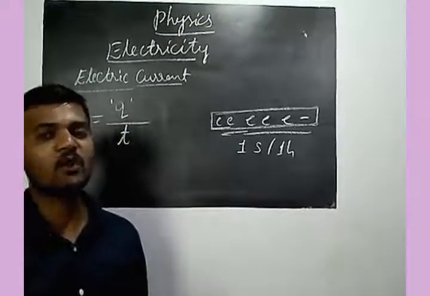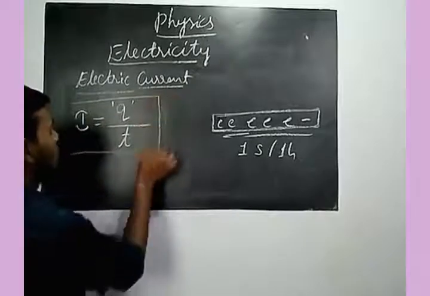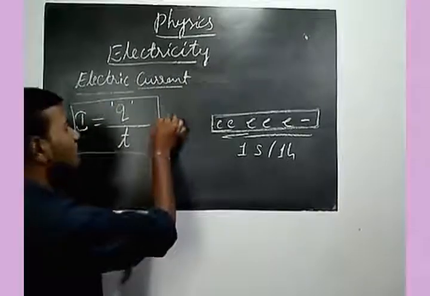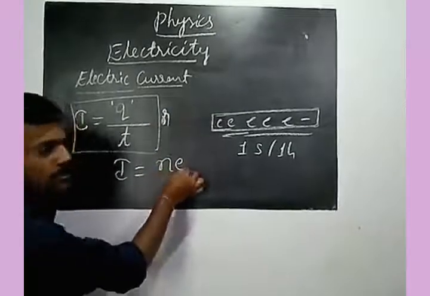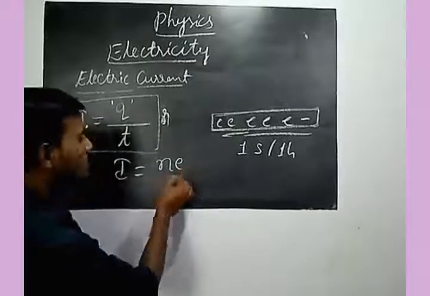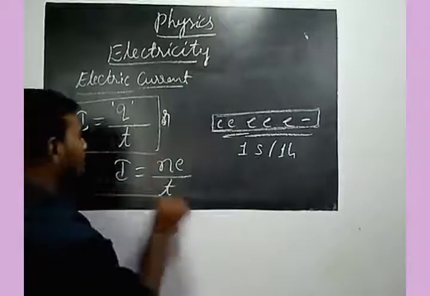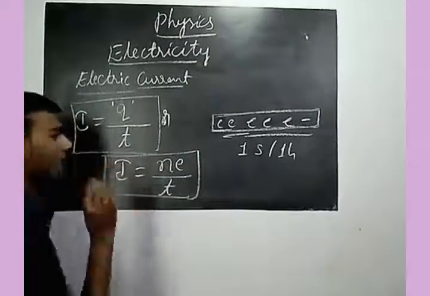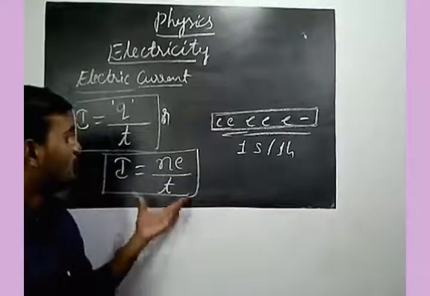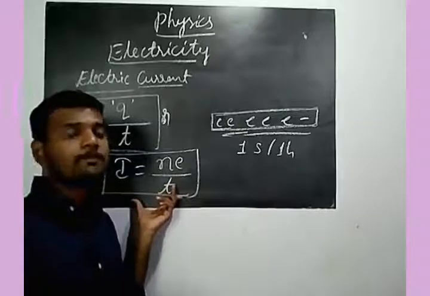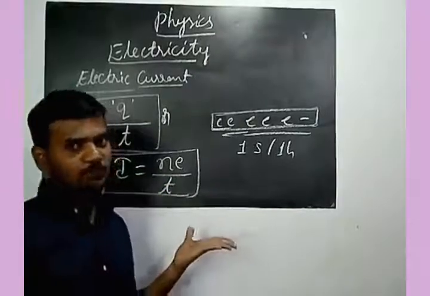The number of charges flowing in a conductor in a unit time is I = Q/t, or in other words, I = ne, the number of electrons or electric charges flowing in a unit time throughout the conductor gives the electric current.